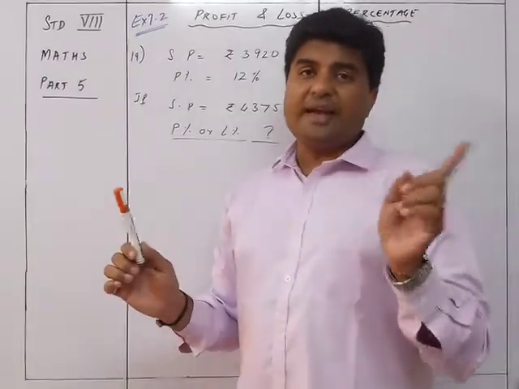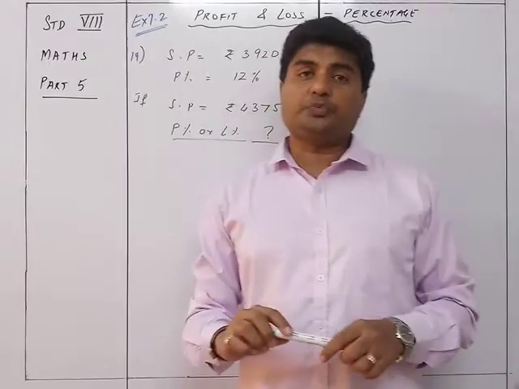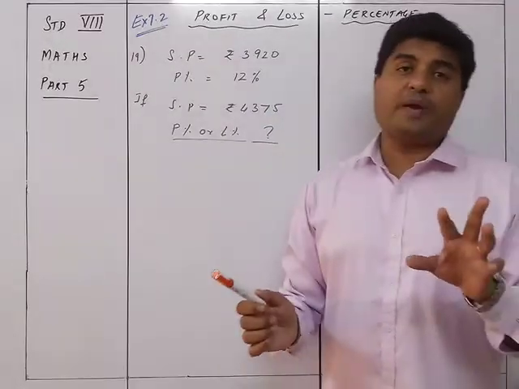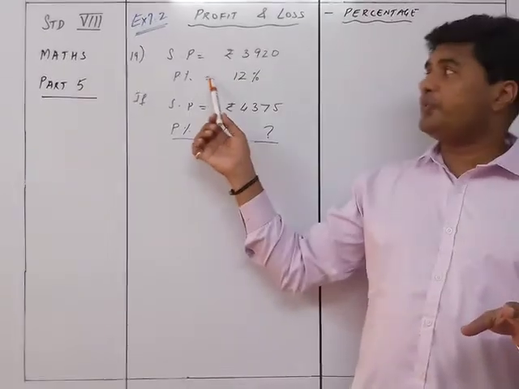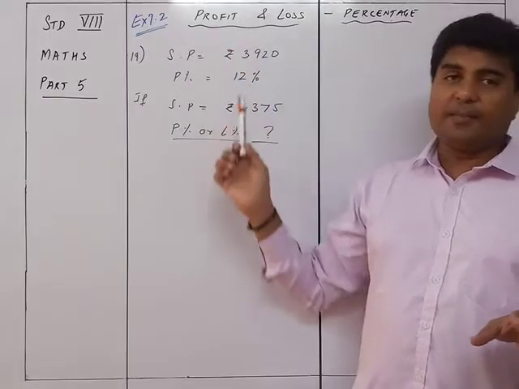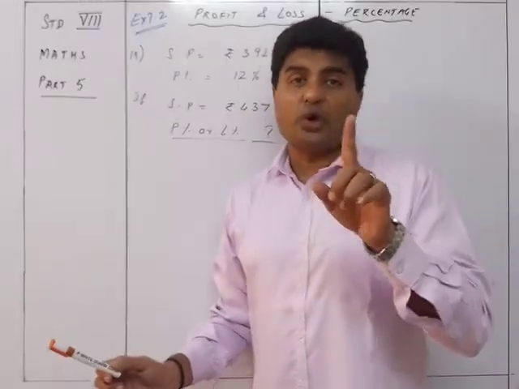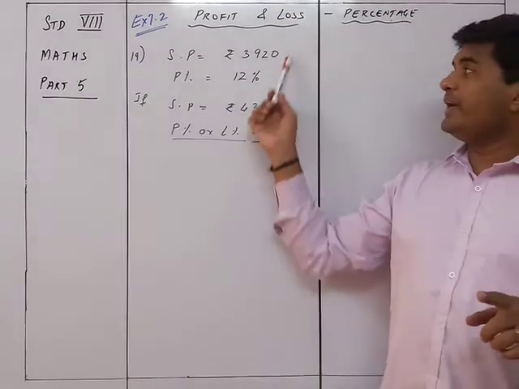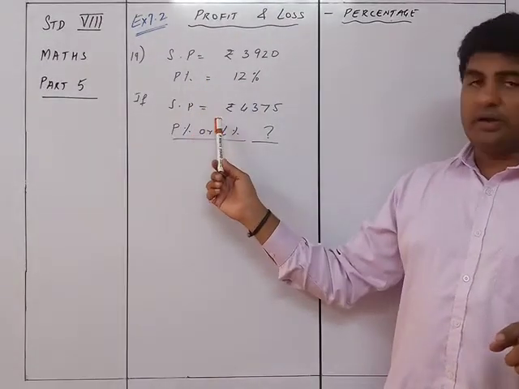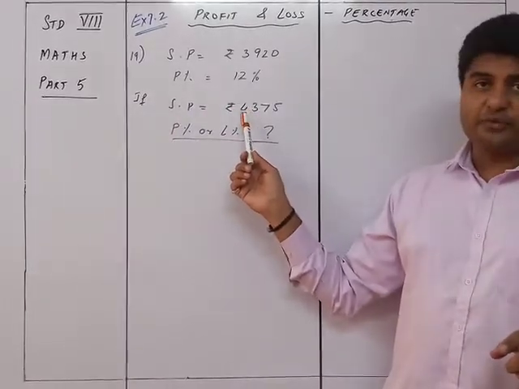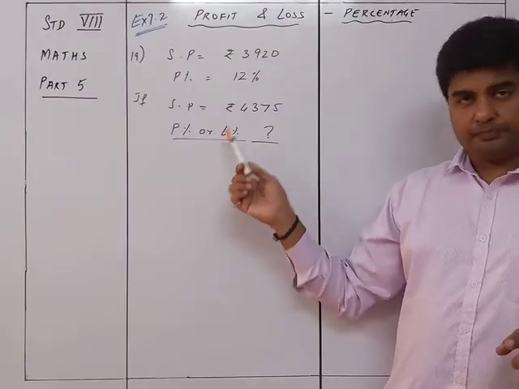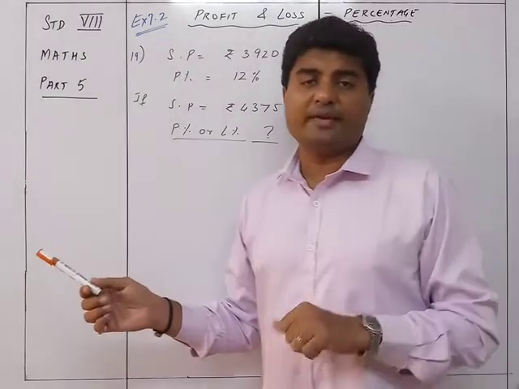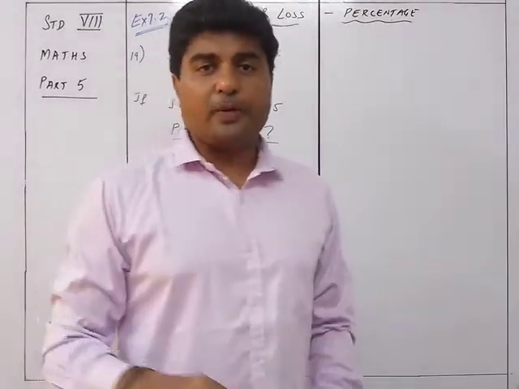So similar to sum 18, we can find out the cost price of this article. The cost price of the article is not going to change irrespective of the profit percentage and the selling price. So the cost price we get over here, we'll be using it over here. We have the SP, and you will find out the CP. Accordingly you'll come to know whether it's a profit or loss.